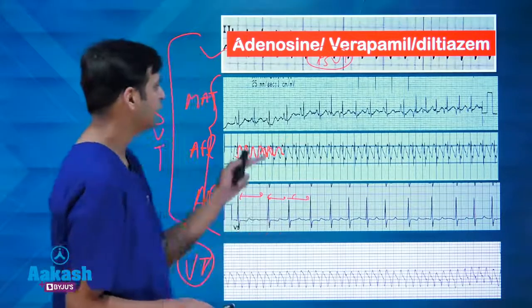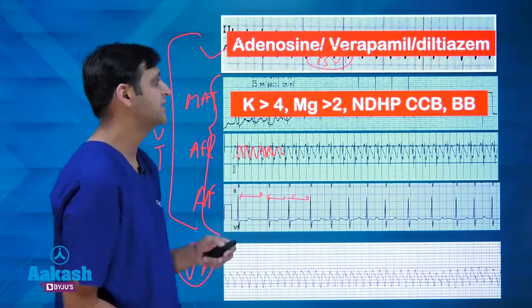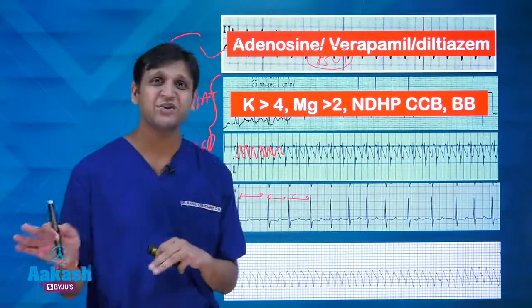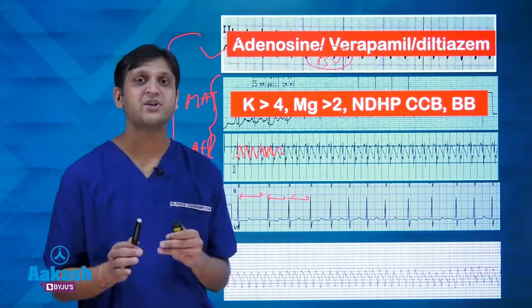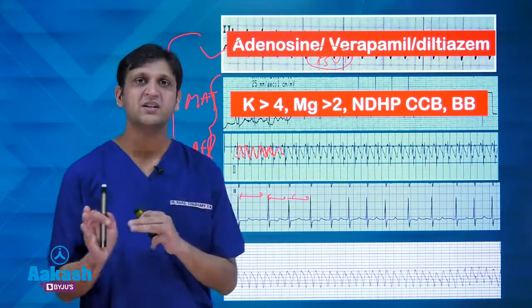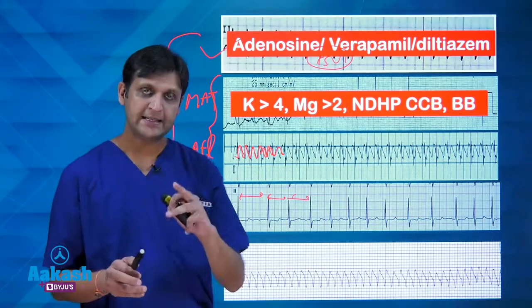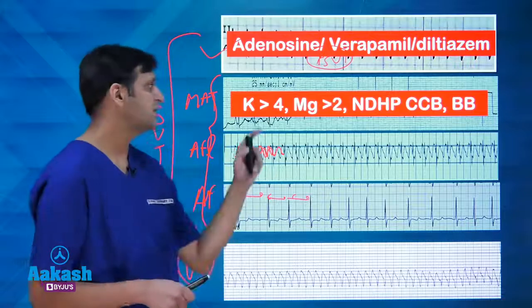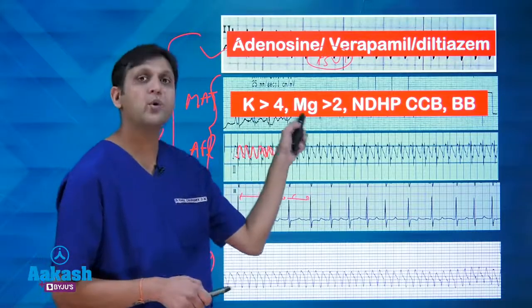Now let's move on to the next arrhythmia, multifocal atrial tachycardia. It is more commonly seen in patients with COPD, so the primary treatment is to treat the underlying cause. Secondly, it also has common secondary causes in the form of hypokalemia and hypomagnesemia.